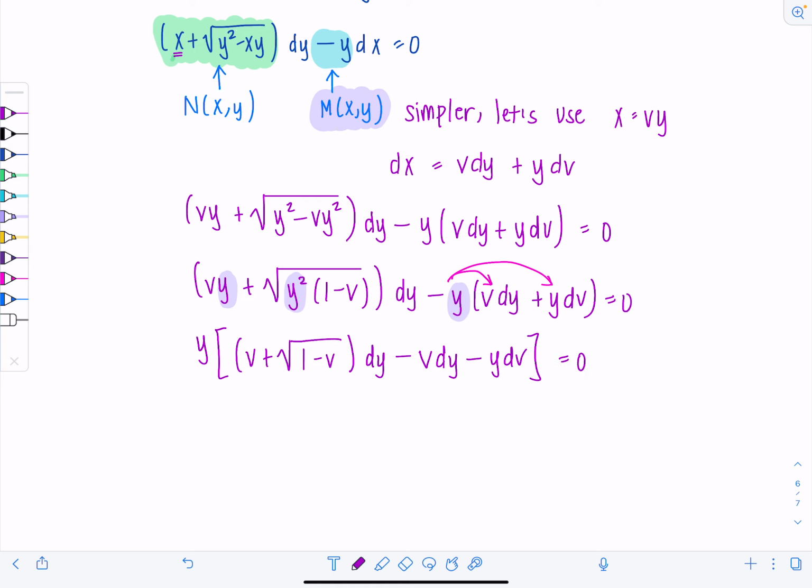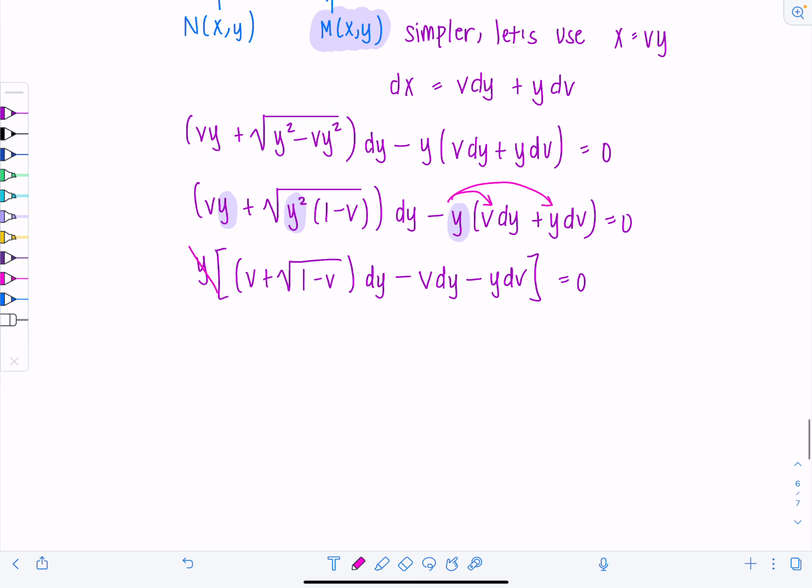Okay, good. Now, canceling out the y or dividing by y, that's gone. Let's group everything that has dy together. So we've got the v plus rad 1 minus v and a minus v, grouping all that together. v plus rad 1 minus v dy, and then let's just move the negative y dv to the other side, so now it's positive y dv.